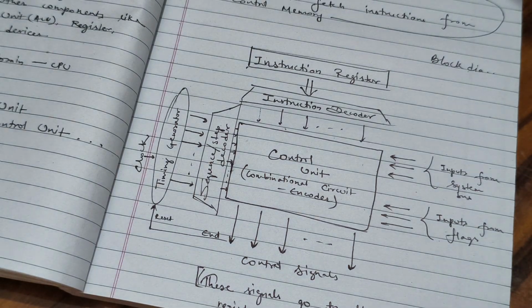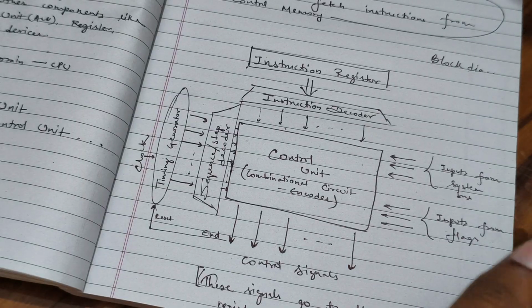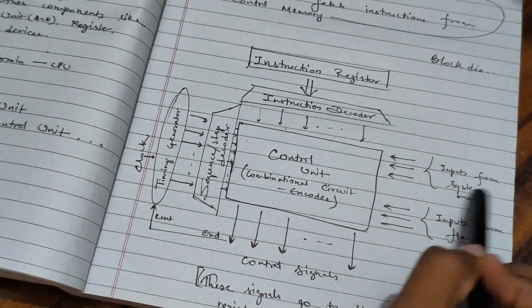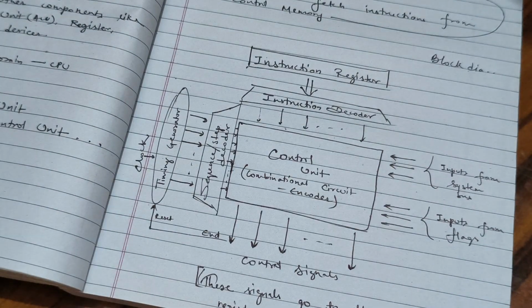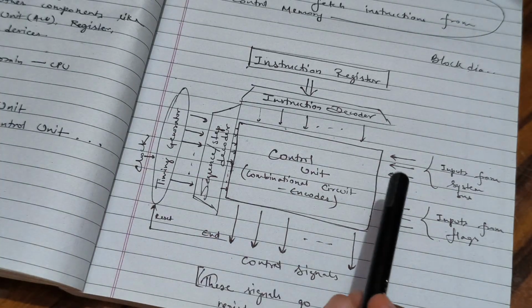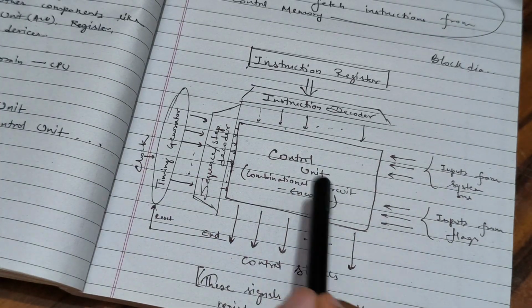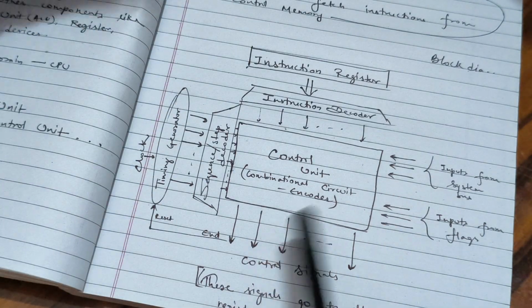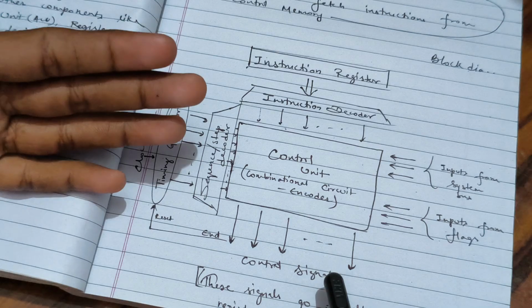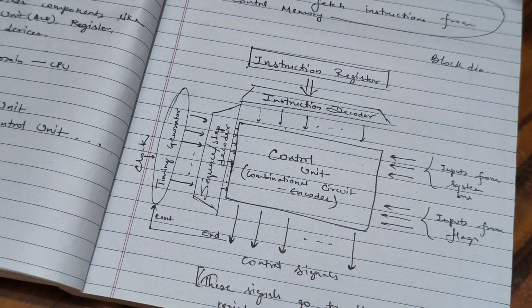As the name suggests, its function is to decode the instructions. And then we have inputs, which are inputs from buses and from flags. Here we have a clock. The clock is used to generate the timing signals. And then the control unit appropriately fetches the instruction and runs the appropriate job, and then gives us the control signals, which are then sent to registers, buses or the arithmetic logic unit.